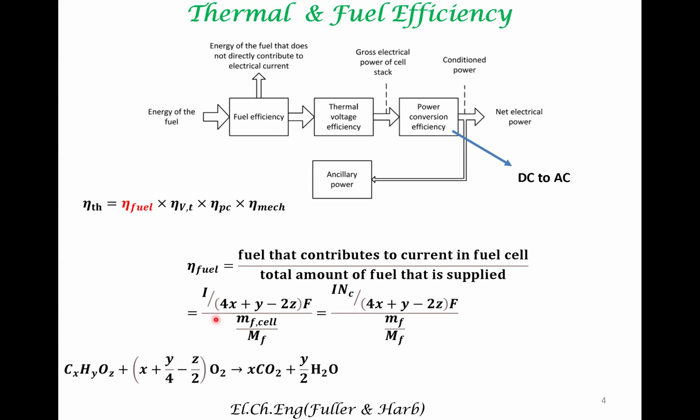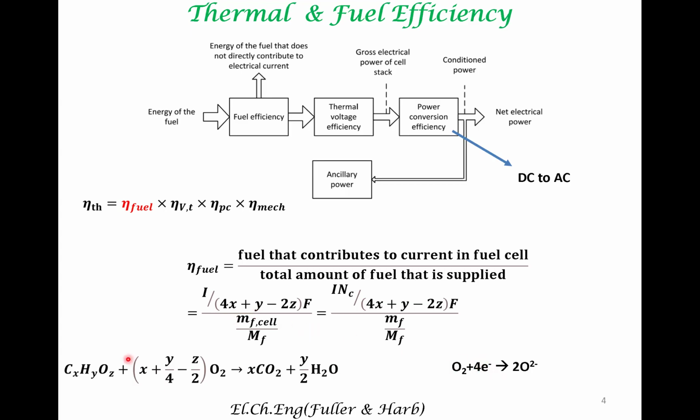So if you think about O2 reduction, for 1 mole of O2 reduction, 4 moles of electrons are being utilized. So 2 electrons are used for reducing 1 oxygen atom to O2 minus. So 1 mole of O2 is associated with 4 moles of electrons.